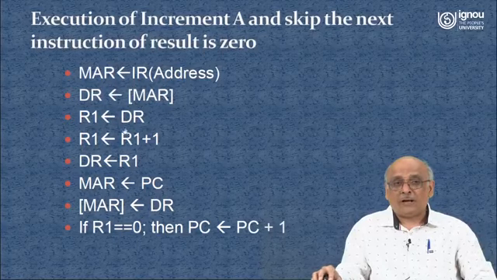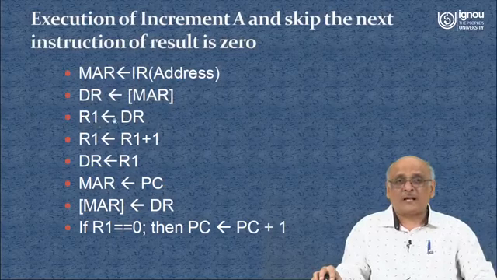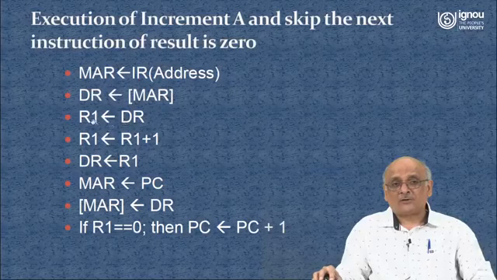Increment A. Now we increment it in the accumulator register. Here we are assuming R1 is the accumulator register. So we take the value of A into the R1 register, increment the R1 register, and DR, the data register, gets the R1 register.